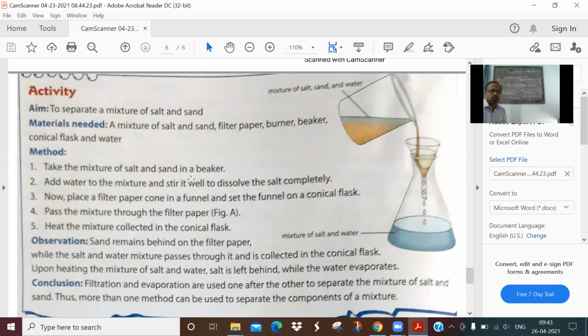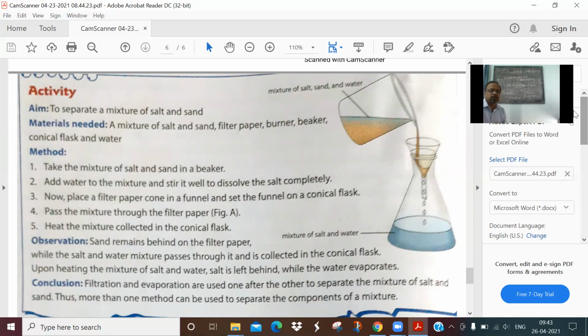Now, place the filter paper cone in a funnel and set the funnel on the conical flask. The filter paper is kept in the funnel in the cone shape in such a manner as shown in the figure. Then the mixture containing salt, water, and sand is poured without disturbing the sand too much.